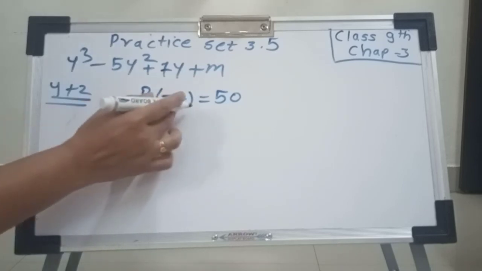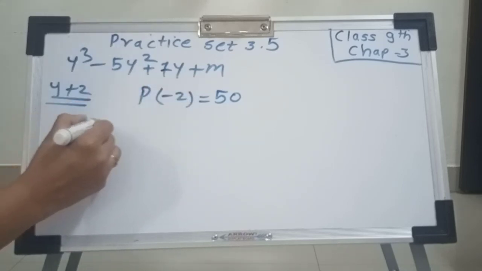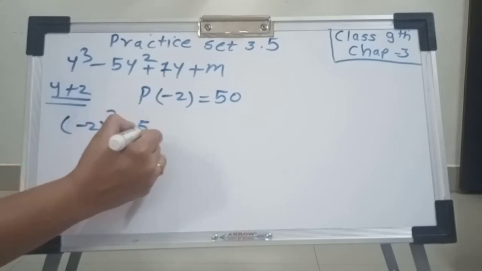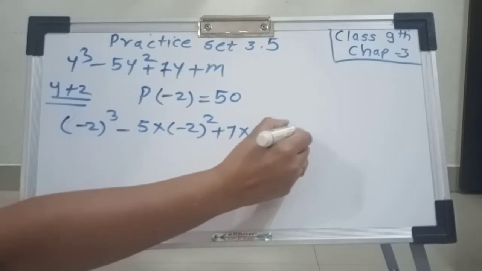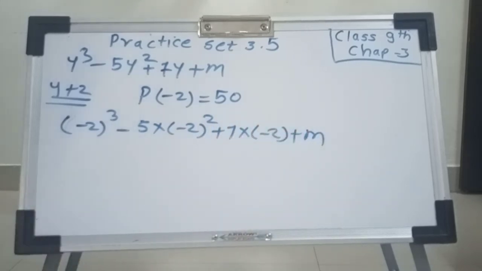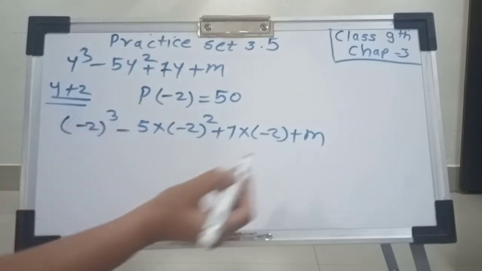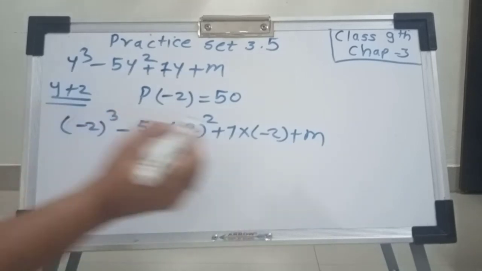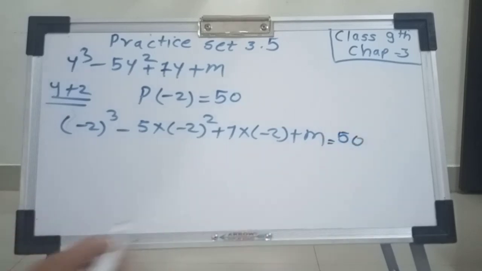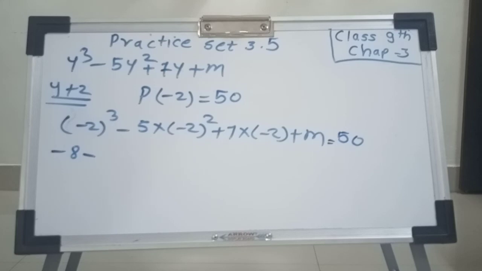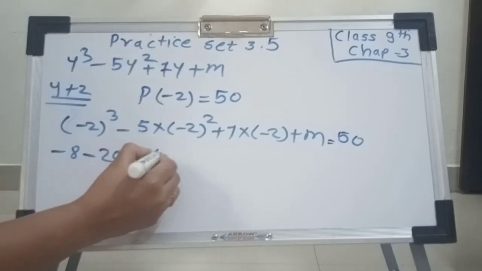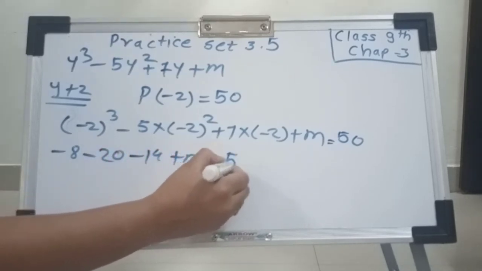Okay. Now we put the value of y is equal to minus 2 in the given polynomial. Minus 2 cube minus 5 into minus 2 square plus 7 into minus 2 plus m is equal to p of minus 2, which is equal to 50. Minus 2 cube is minus 8, minus 2 square is 4, minus 5 into 4 is minus 20, plus 7 into minus 2 is minus 14, plus m is equal to 50.